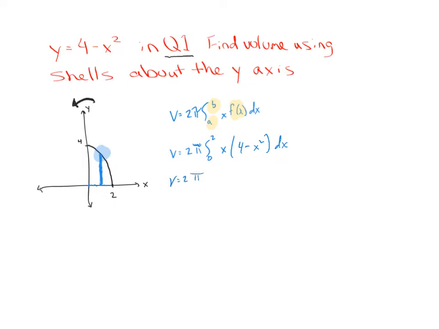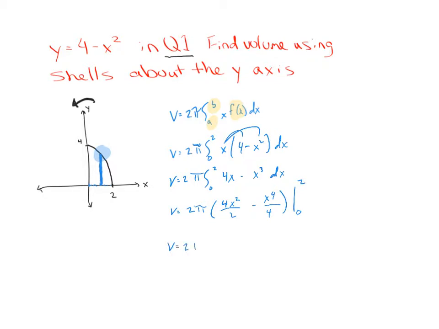We'll simplify inside of the integral first. 0 to 2, 4x minus x to the third, because I'm distributing that x. So instead of squaring with the disk washer method, we distribute with the shell method. And now I can take my antiderivative, 2 pi tags along: 4x squared over 2 minus x to the fourth over 4, and that gets evaluated from 0 up to 2.